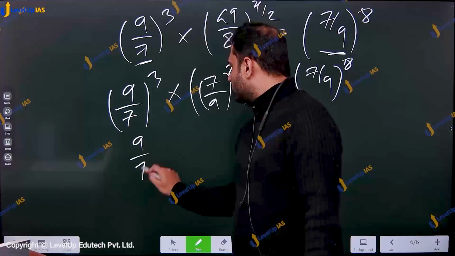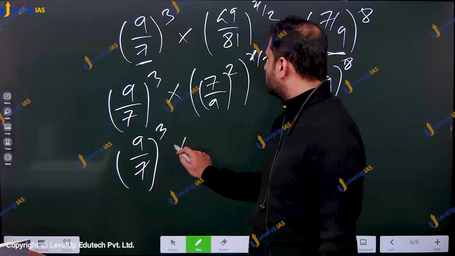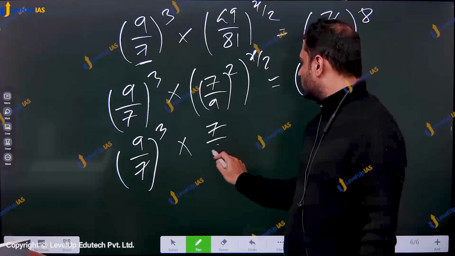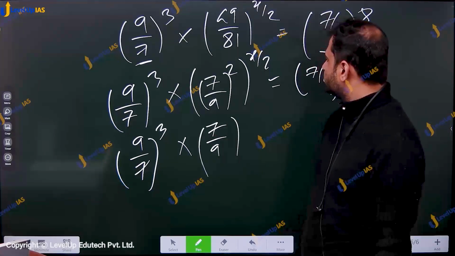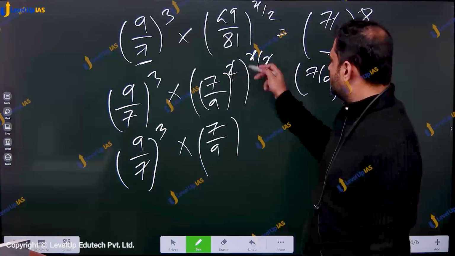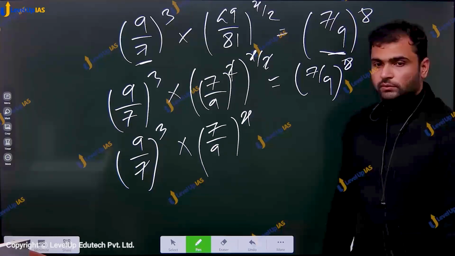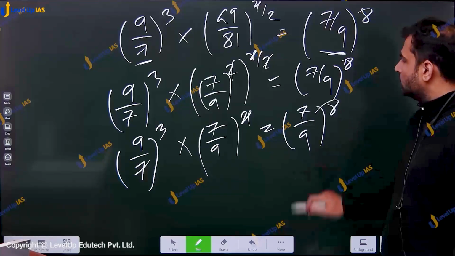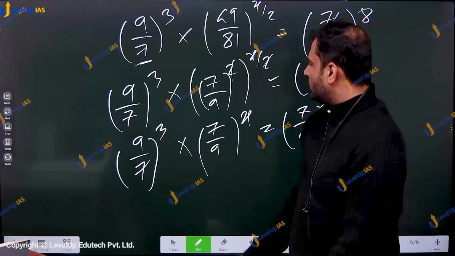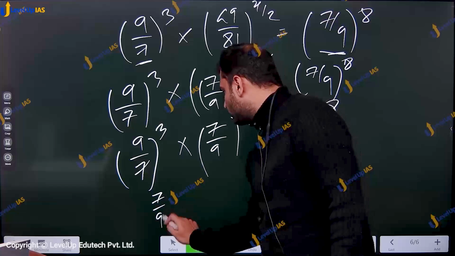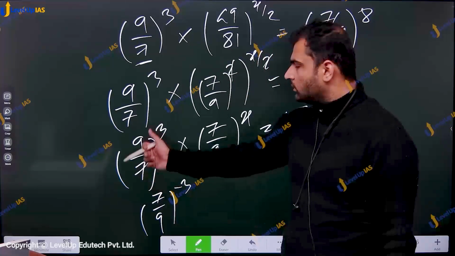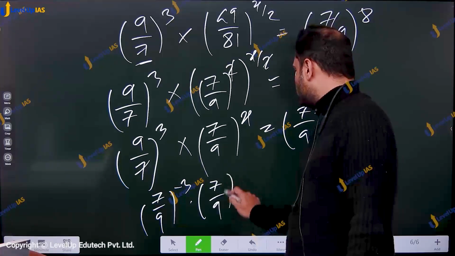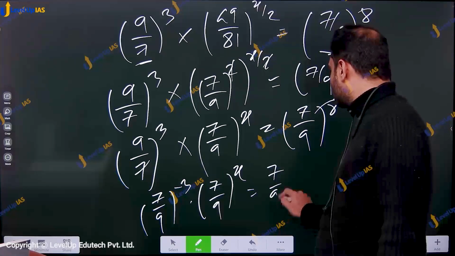So we have 9 by 7 raised to 3 into, what is this? There is multiplication of this, 7 by 9 to the power. Now I can write this thing as 7 by 9 to the power minus 3 and into 7 by 9 to the power x is equal to 7 by 9 to the power 8.